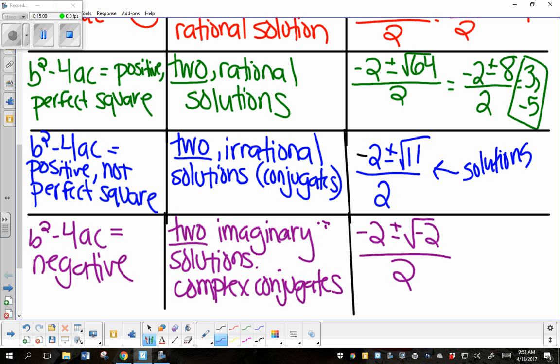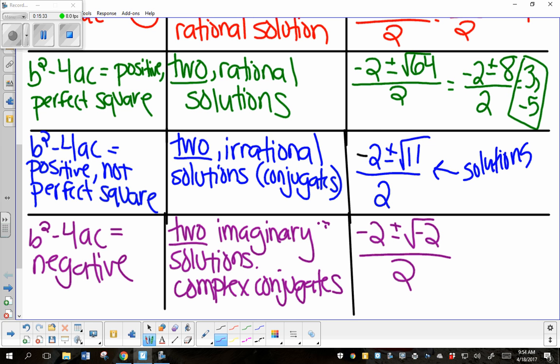Lots of 2's. How can we have a negative in the square root? Well, because remember, in the square root, it's b squared minus 4ac.